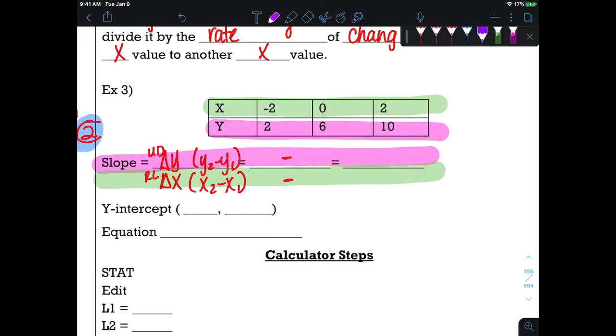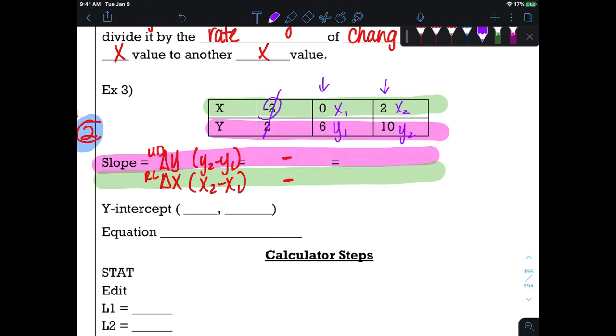I see this one has a negative, so I'm not going to use that. Over here I have 2, so this one and this one. It looks like this 2 and this 10 are bigger, so I'm going to call this x2, y2, and x1, y1.